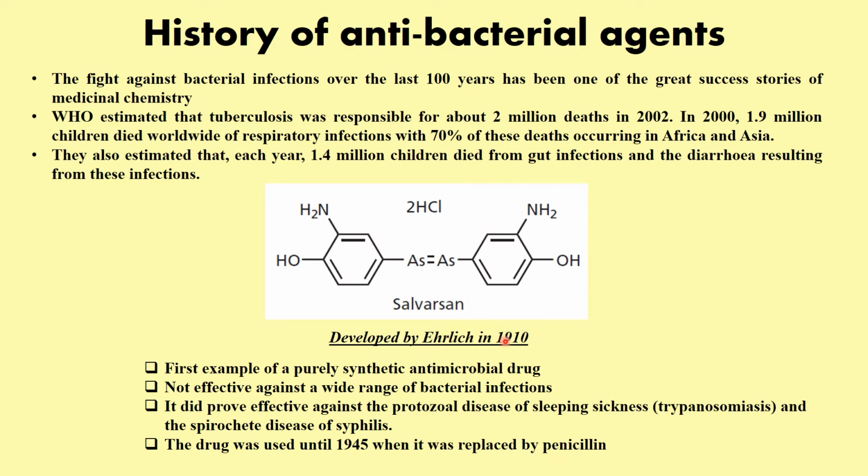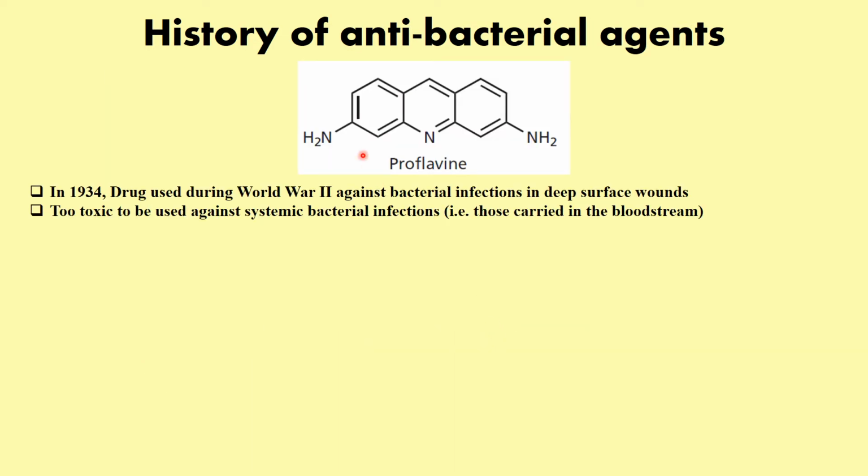Then there was a gap of, let's say, 20 years during which no antibacterial drug was developed, and then in 1934, proflavin, which is nothing but an acridine based drug, was found to be very effective in treating bacterial infection resulting from deep surface wounds, but it was too toxic when injected into a blood vein. It means it cannot be carried through the bloodstream.